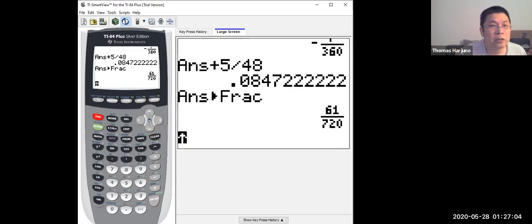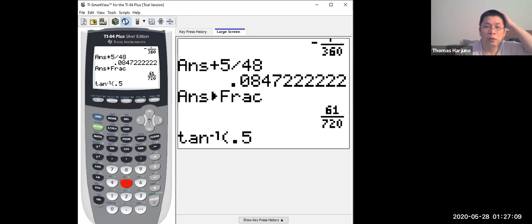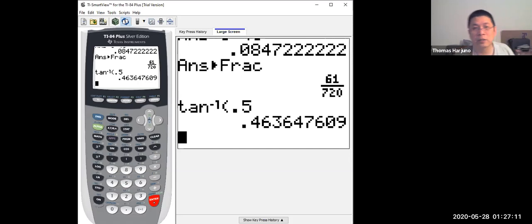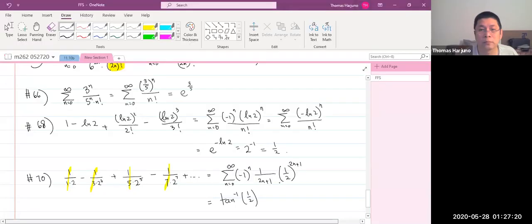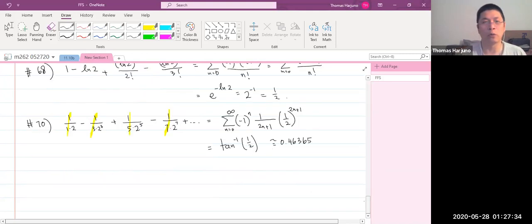So tangent inverse of 1/2 is 0.46365, if I go to 5 decimal places. Okay, that's basically it. What I want to go over this semester, actually.